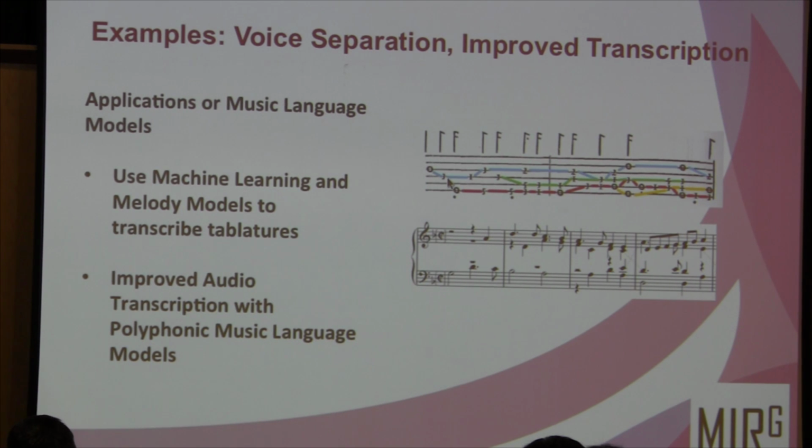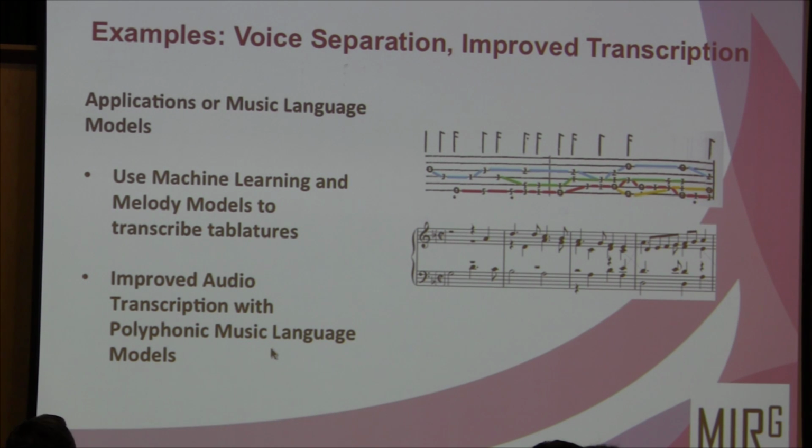And it gives you no indication of the polyphonic structure, which note belongs to which voice. That is the problem we're trying to solve by giving a good estimate of which note belongs to which voice. So basically inserting the colored lines and then enabling transcription into modern notation.